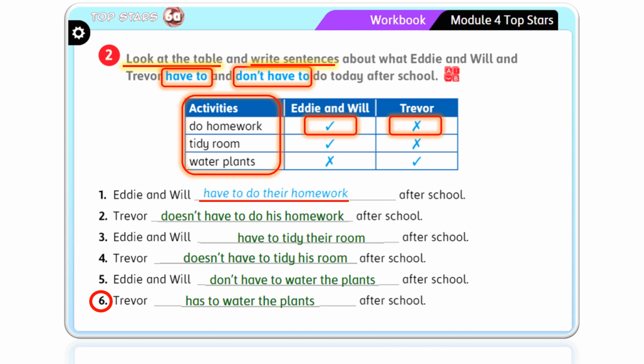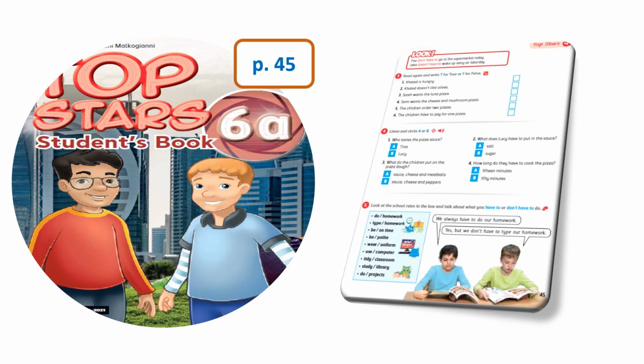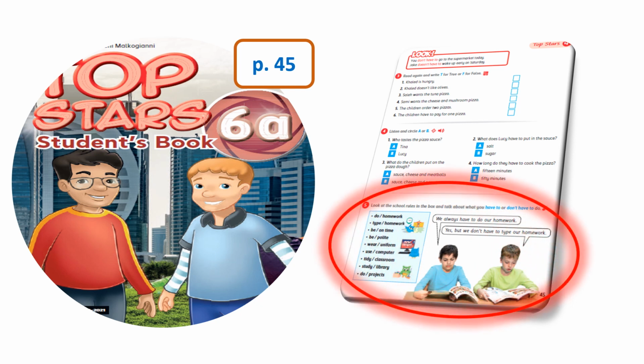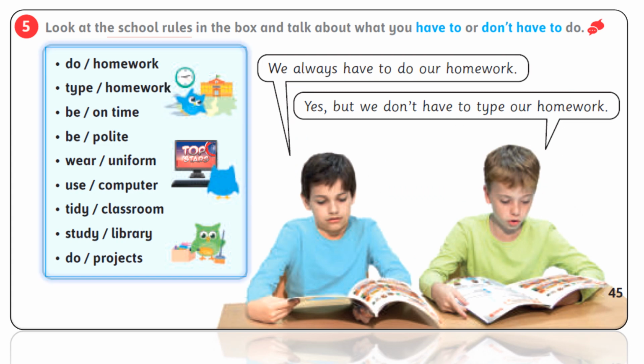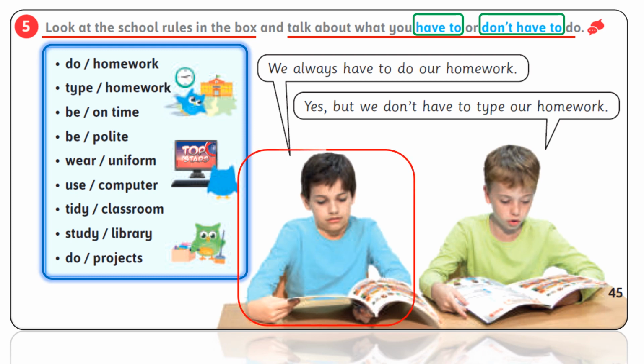Thank you. Now let's go to the student's book again, especially on page 45. We're going to work on this exercise, exercise 5. Look at the school rules in the box and talk about what you have to or don't have to do. This boy has given us a model.